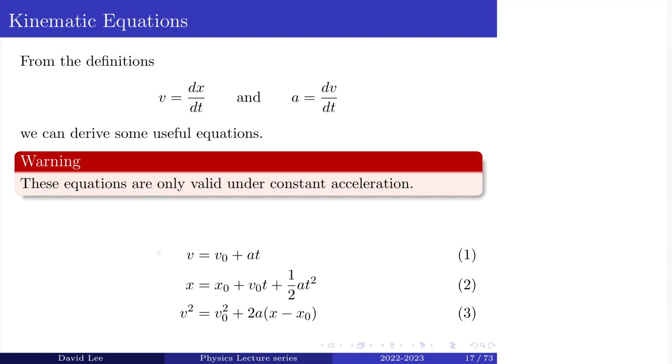These three on the bottom here, I think they're given to you on the formula sheet. Anyways, these are equations you can use under constant acceleration. So that's very important. If the acceleration is not constant, you can't use these. But these are equations that you can quickly plug in stuff to find answers.